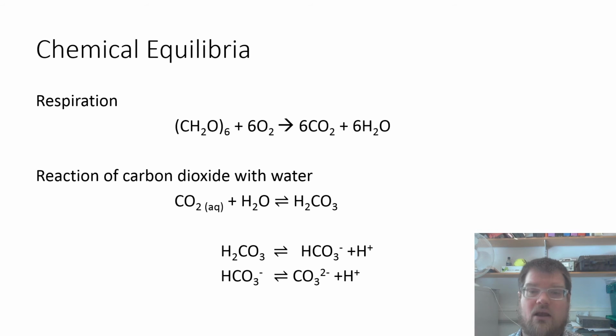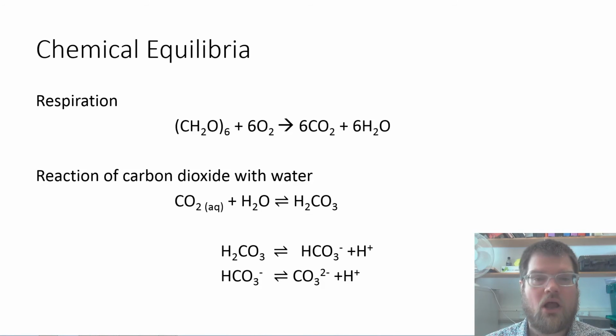We take organic carbon and oxygen, and we breathe that, or we burn it, and we produce CO2 and water, and that CO2 and water don't spontaneously combine back together to form the organic carbon and oxygen. I mean, there is a separate process of photosynthesis that does that, but it's not this reaction of respiration. They're separate reactions.